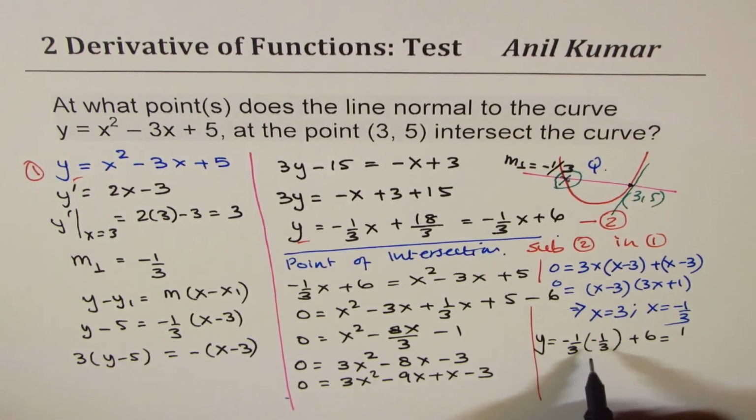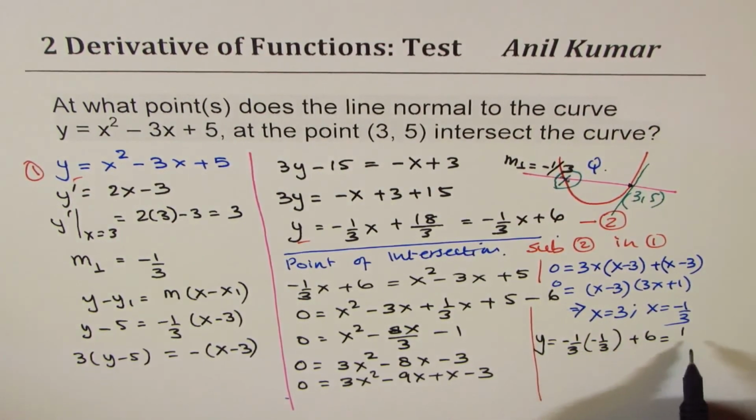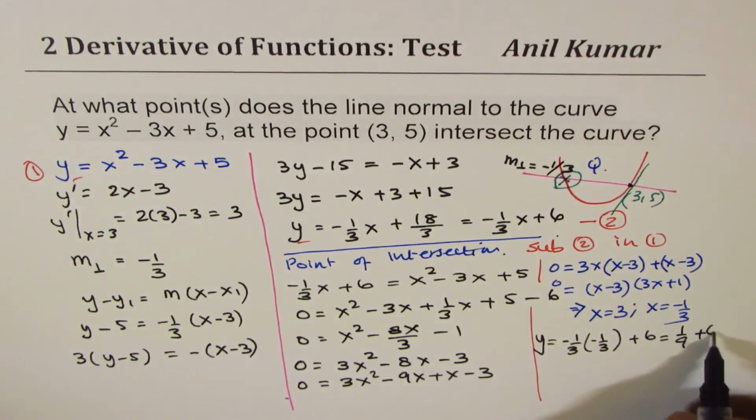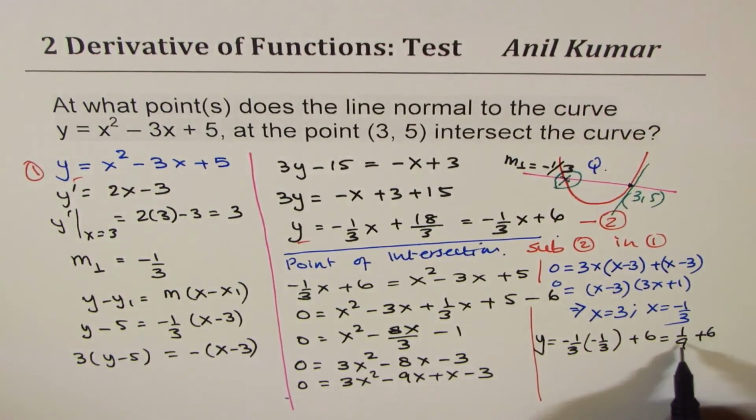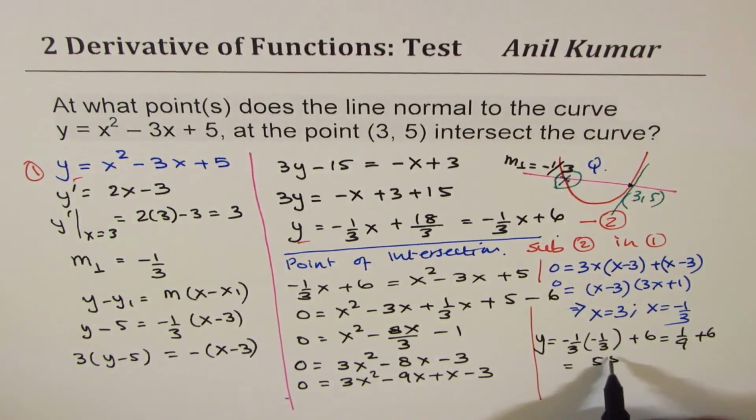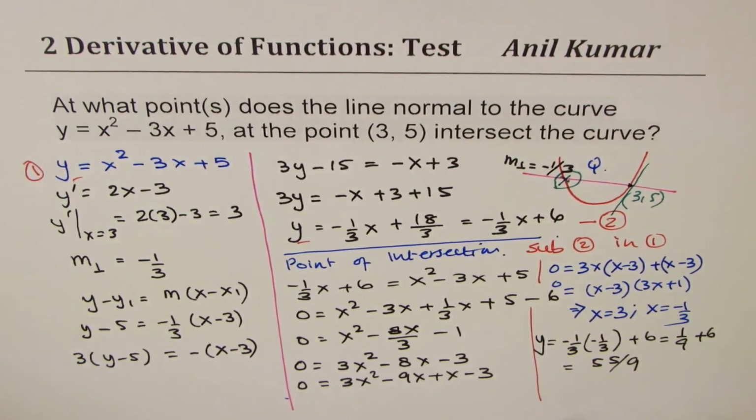When you multiply, both negatives become positive. So 1 over 9 plus 6; 9 times 6 is 54, so we get 54 plus 1, 55 over 9, correct? Therefore the second point has x value of minus 1 over 3 and y value of 55 over 9, correct?